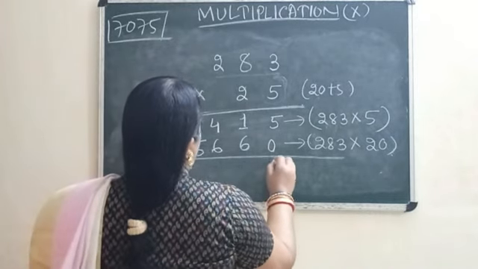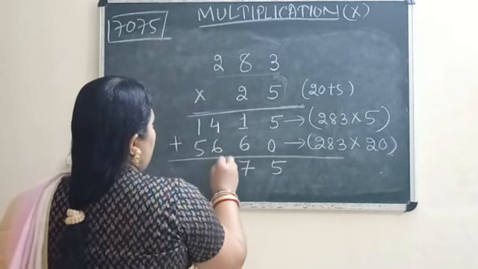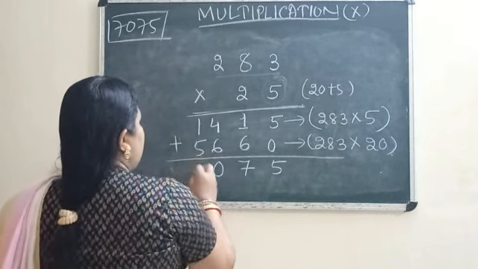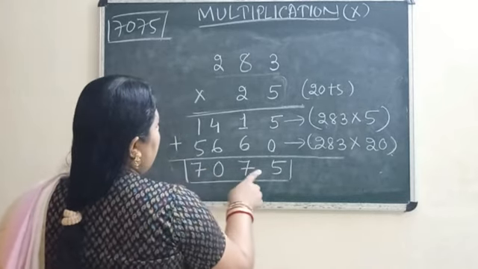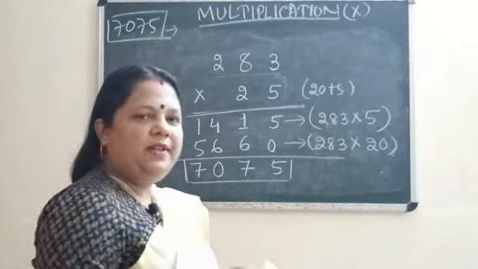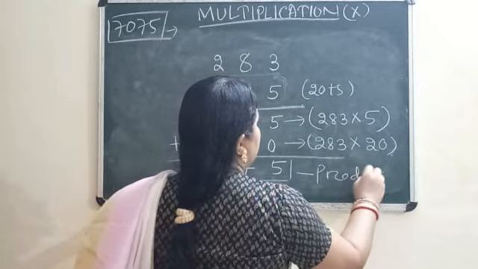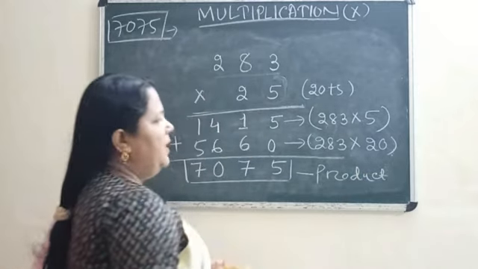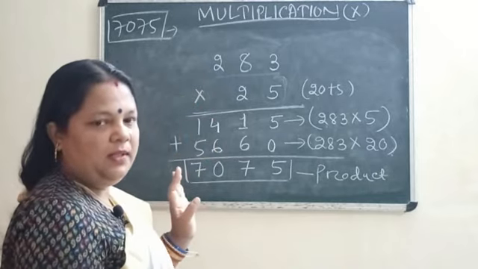Then this 5 is coming down, 5, 6 plus 1 is 7, 6 plus 4 is 10, 1 carry, 5 plus 1 is 6, plus 1 is 7. How much we got? 7075. In that process also we got 7075. That means our product is the same, but different methods we are following. Clear?